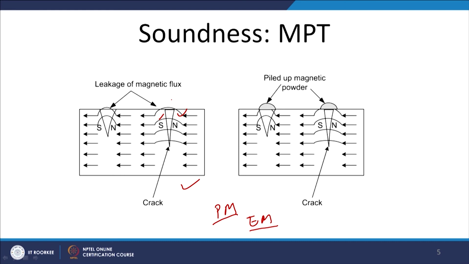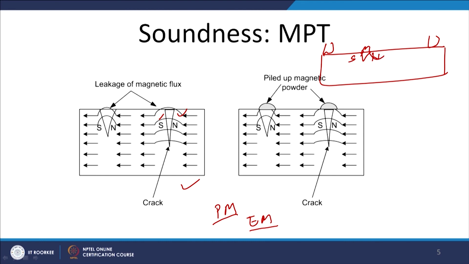The component is magnetized using the flow of current or using a permanent magnet, so here there will be 2 additional poles and leakage of the magnetic flux.